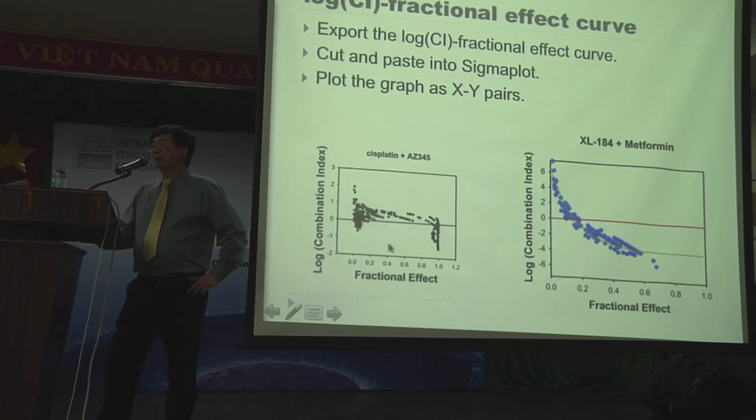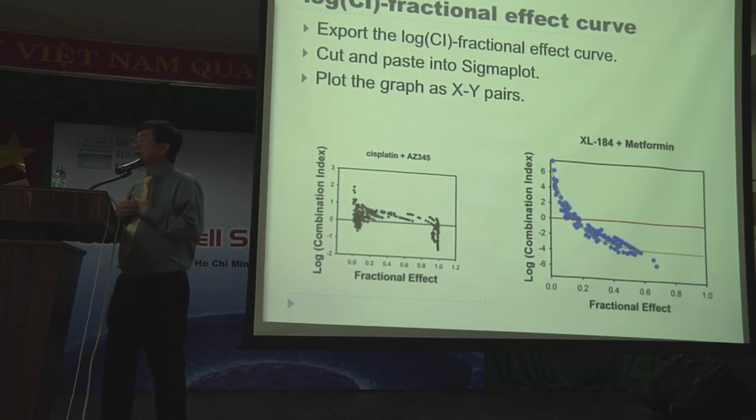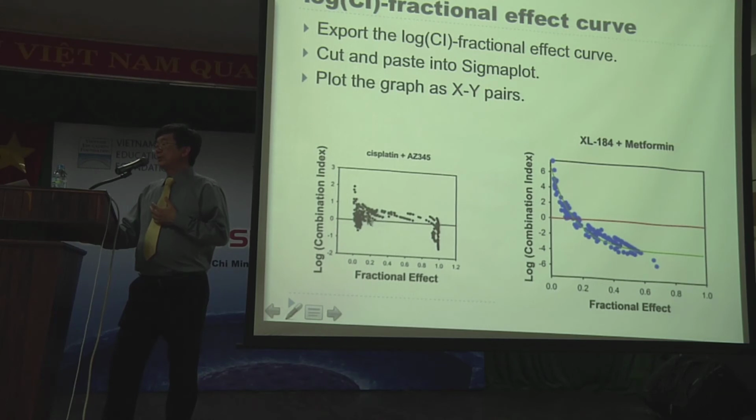If it's below, it is synergism. So this is a picture of a combination of the drug cisplatin and the drug AZ-345, which pretty much falls slightly on the antagonism side.